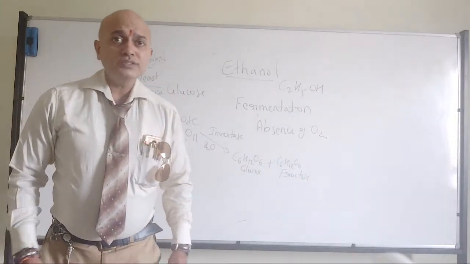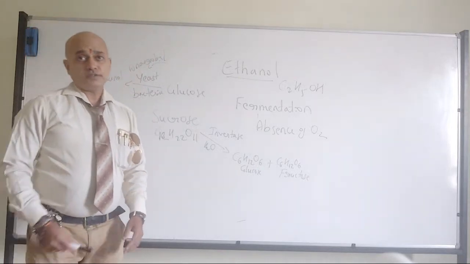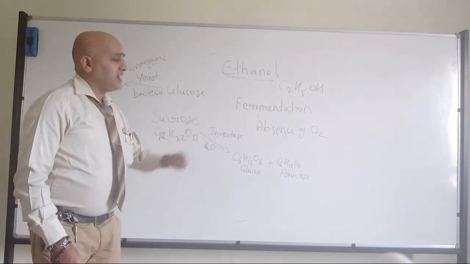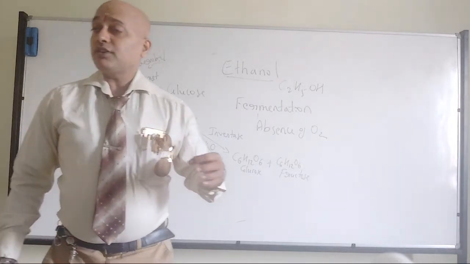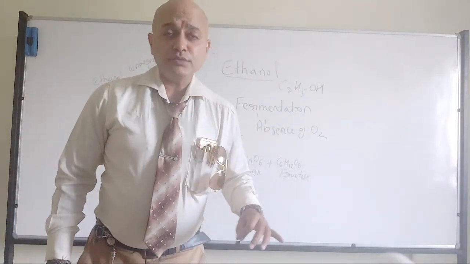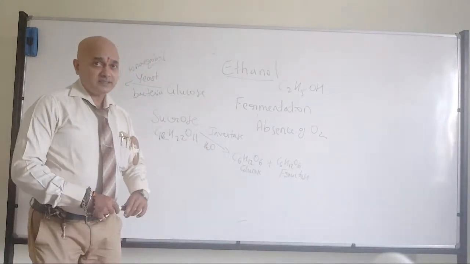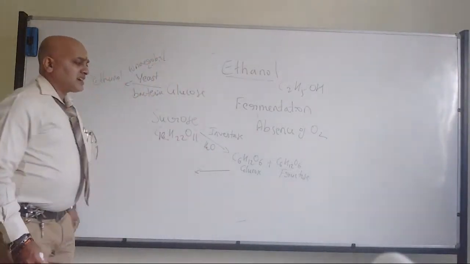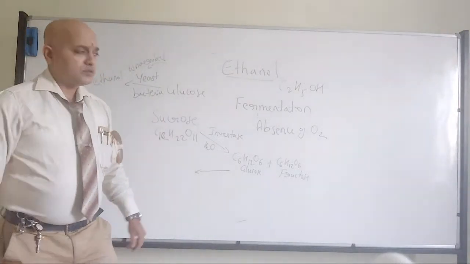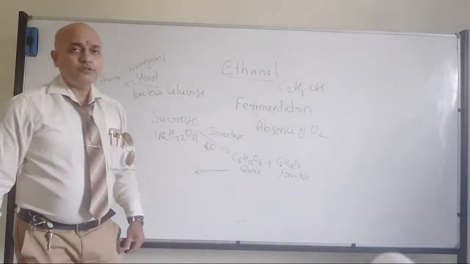One is glucose and one is fructose. That's where we have the invertase. So what is invertase? It is an enzyme which acts on sucrose, which can also be called sucrase. Right? Now, whatever monosaccharides we have got, even fructose can be converted into glucose.